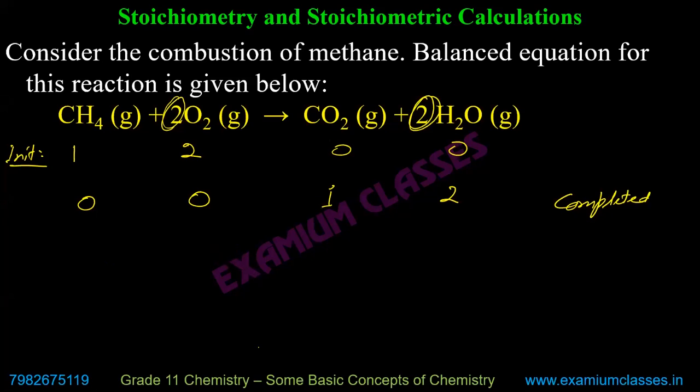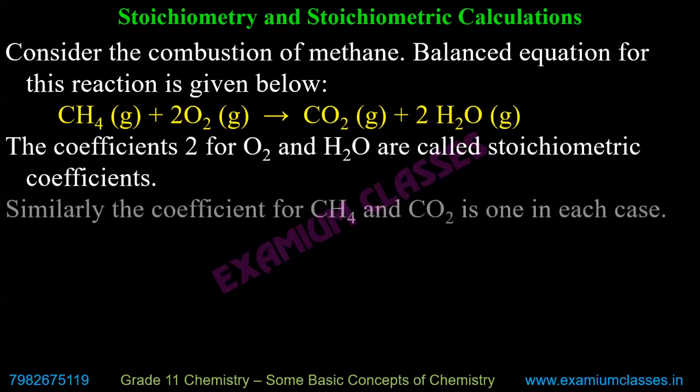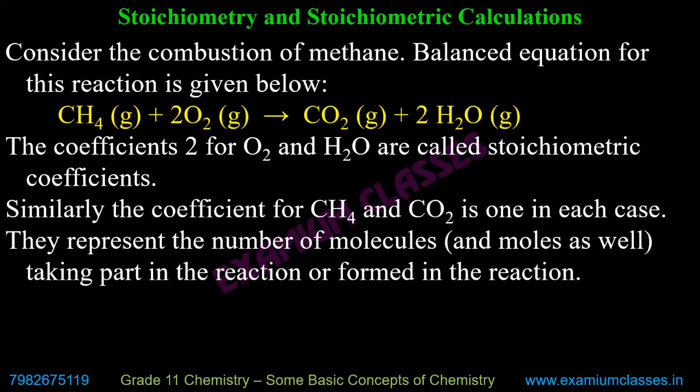Sir, can you please explain it again? Yes, I'm explaining again, with all the steps. They represent the number of molecules and moles as well, because you get the number of moles if you multiply molecules by Na. So the molar ratio will be the same as the molecular ratio of those taking part in the reaction or being formed.